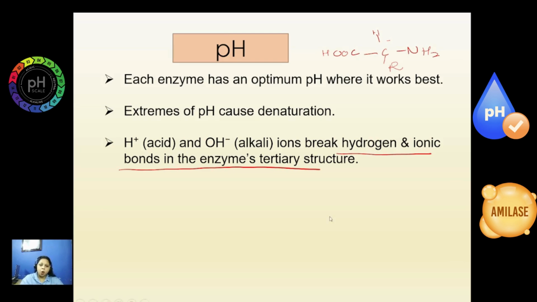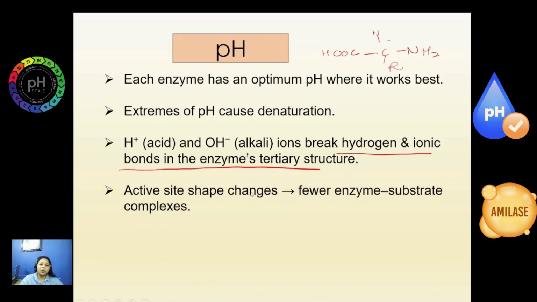These two bonds are very important to remember when we talk about denaturation, because they are going to be disturbed in the acidic or the alkaline condition, that is, when the concentration of hydrogen ions or hydroxyl ions changes.